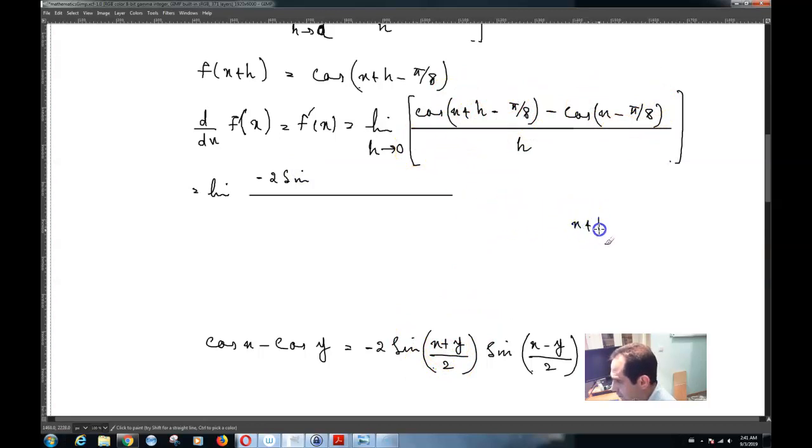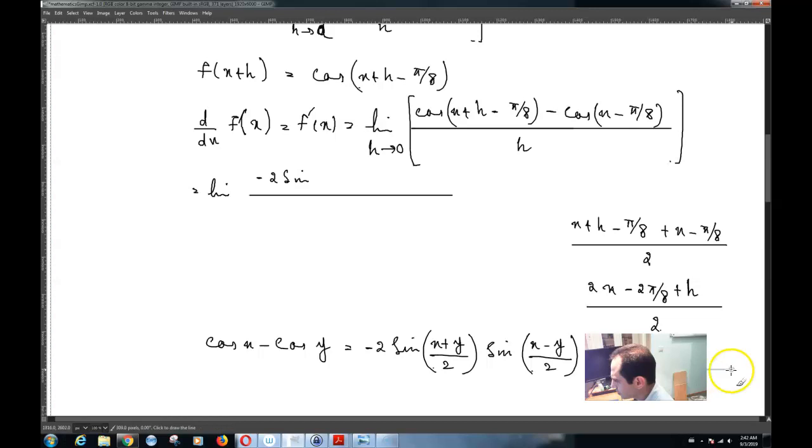So that is x plus h minus pi by 8 plus x minus pi by 8, which is equal to, so this divided by 2, which is equal to 2x, this is 2x, and this is negative 2 pi by 8 plus h, divided by 2, which is equal to 2x minus 2 pi by 8, which is minus pi by 4, plus h divided by 2.